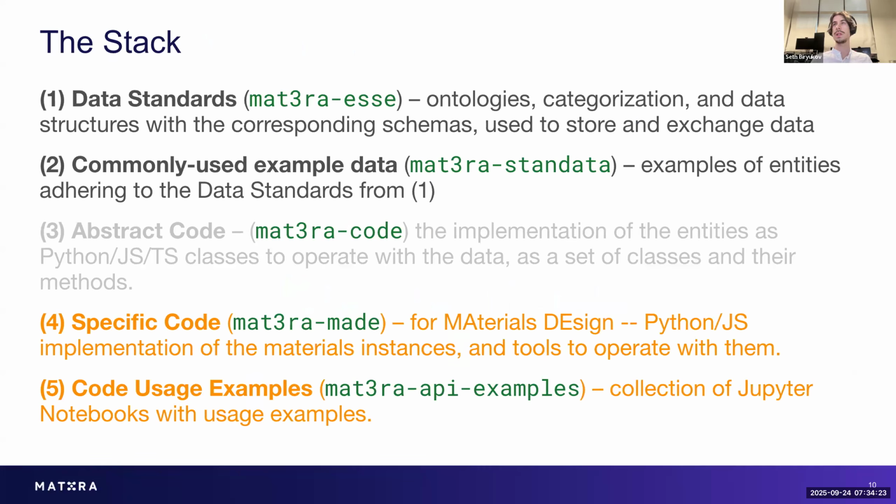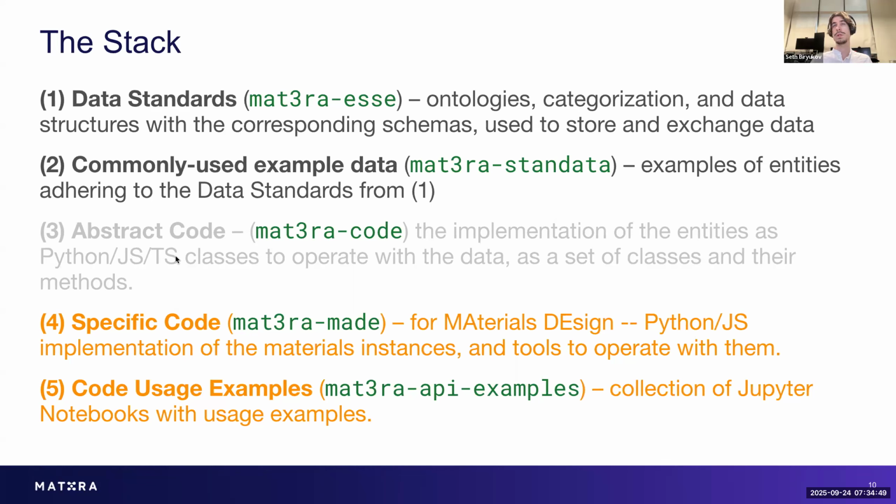First is the data standards housed in Mat3ra ASI package. It has JSON schemas for all of the data structures for materials, transformations, and other physical properties. Next, we have commonly used examples, which is housed in Mat3ra standard package, and it has examples of entities that adhere to the data standards.